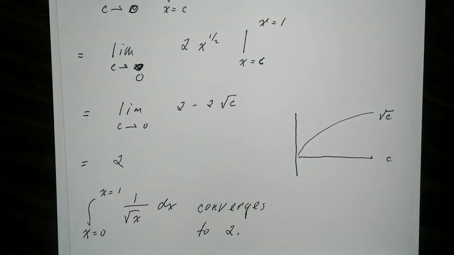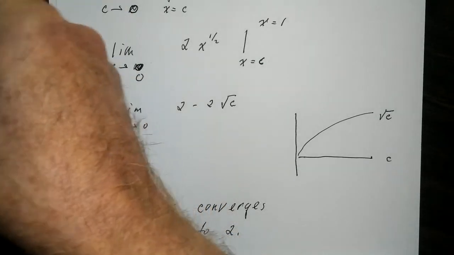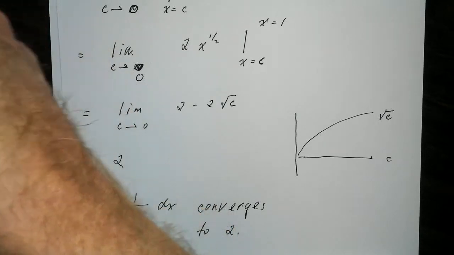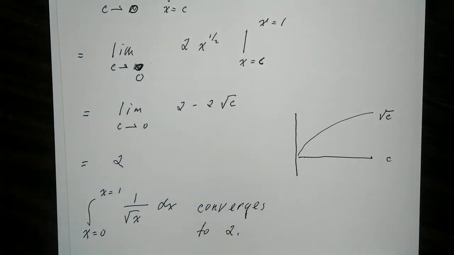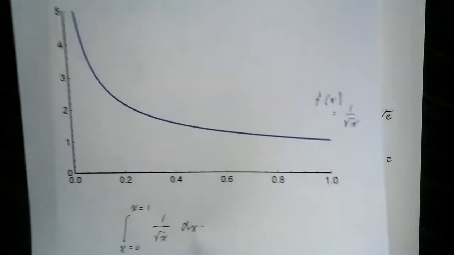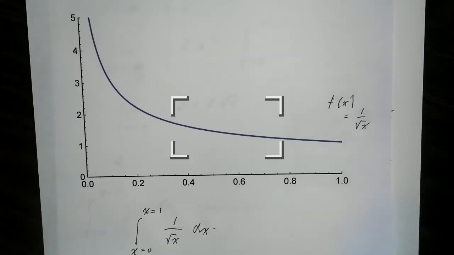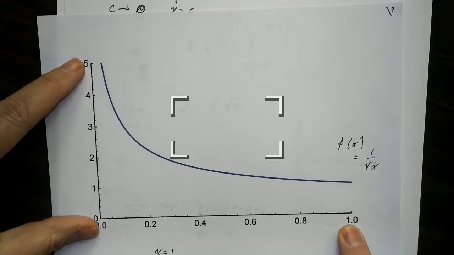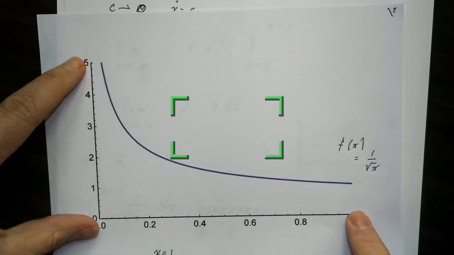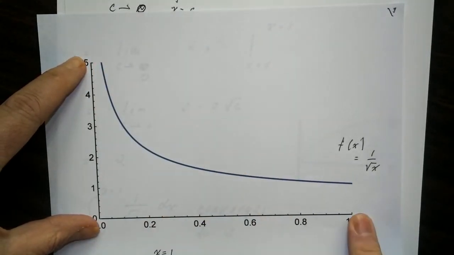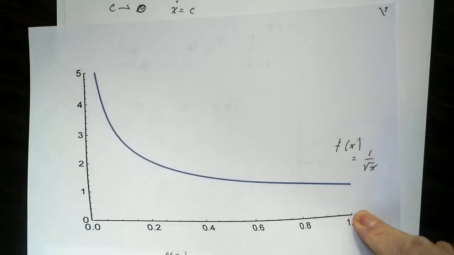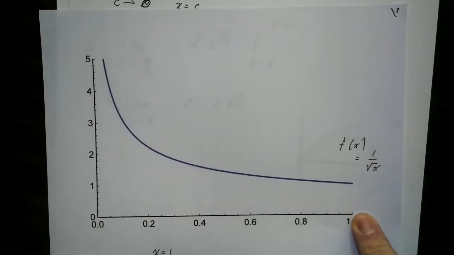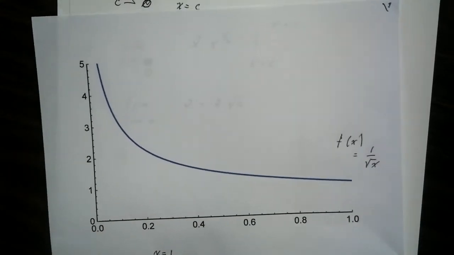So in terms of area, we're saying that if I look at 1 over the square root of x and I want to find how much area there is between 0 and 1, between the curve and the x-axis, there is exactly 2 units of area. That's not at all obvious from the picture.